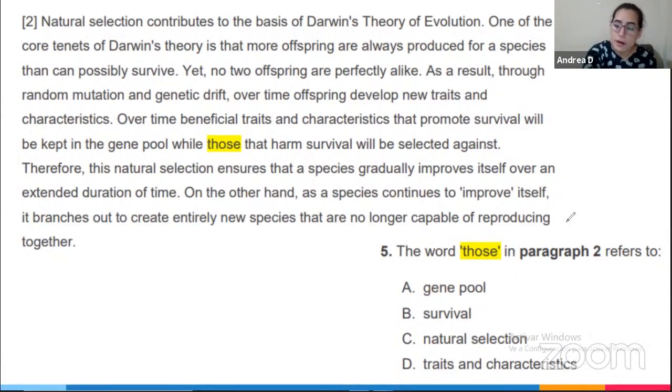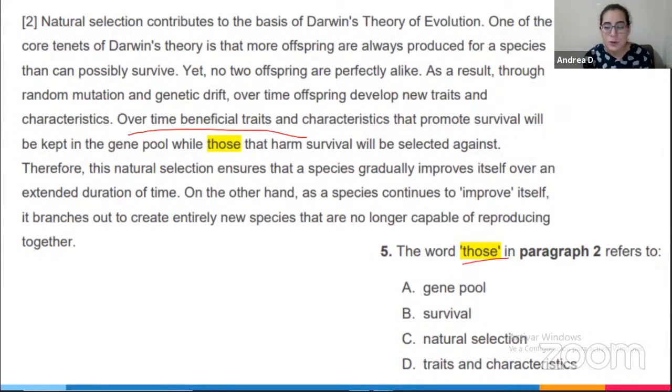The word those in paragraph 2 refers to gene pool, survival, natural selection, or traits and characteristics. And you just read this sentence here: Over time, beneficial traits and characteristics that promote survival will be kept in the gene pool, while those that harm survival will be selected against.